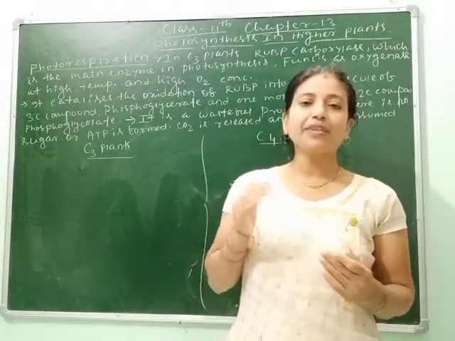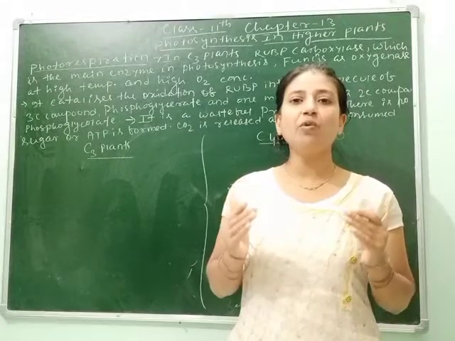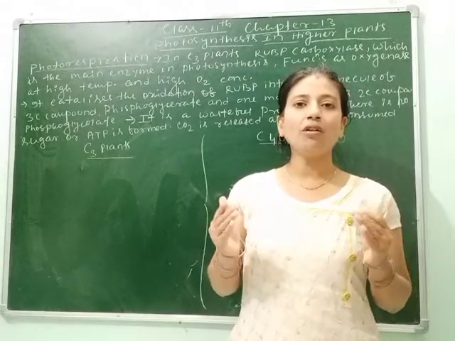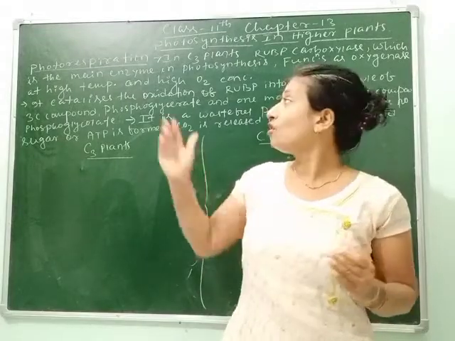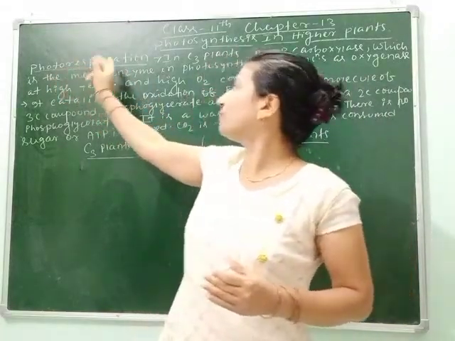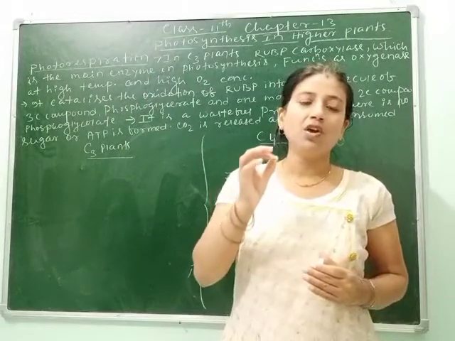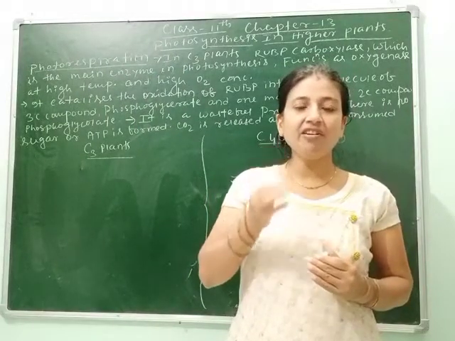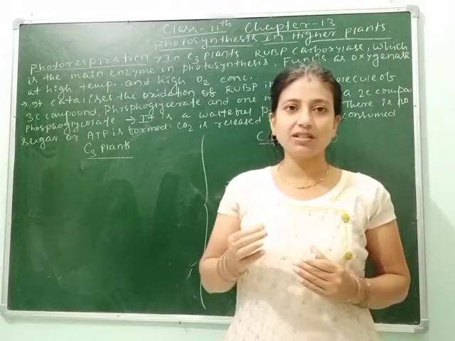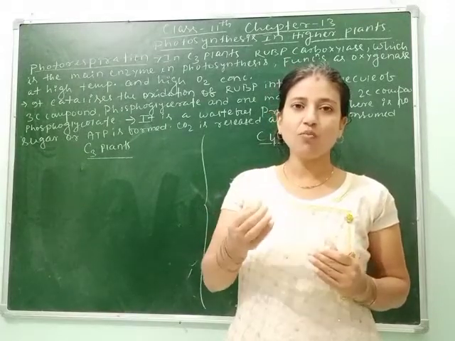As you know, respiration is an important process for all living organisms on earth, whether plants or animals. So what do we mean by the term photorespiration? Photo means light. When light is involved in any process, it is called a photo process.